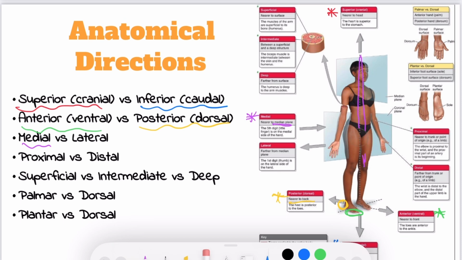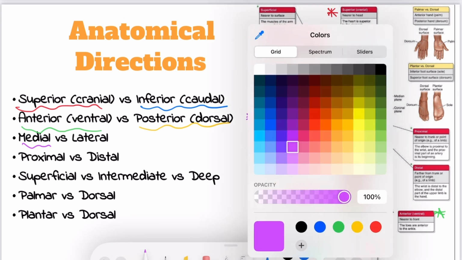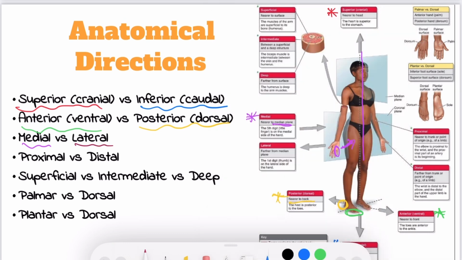So in this case, the fifth digit, or the little finger right here, is on the medial side of the hand as it's nearer to the median plane. Now, lateral is farther from the median plane. So in this case, the first digit, which is the thumb, is on the lateral side of the hand as it's farther from the median plane.